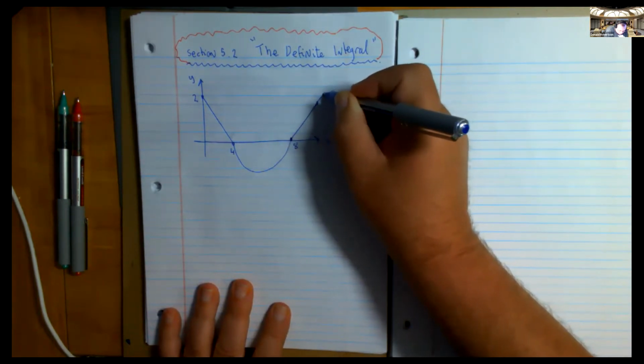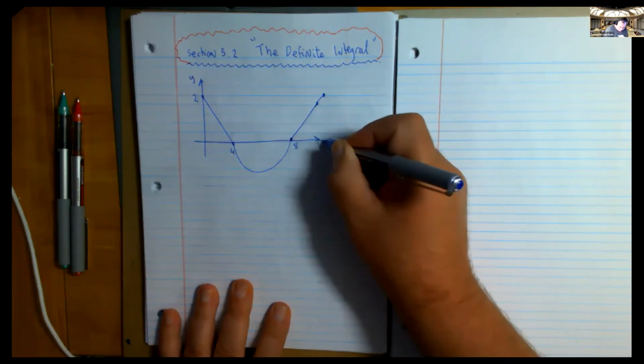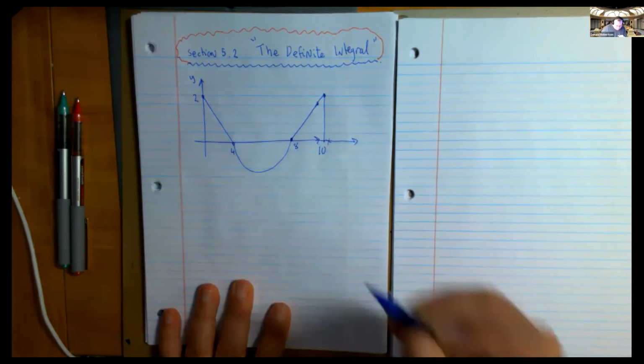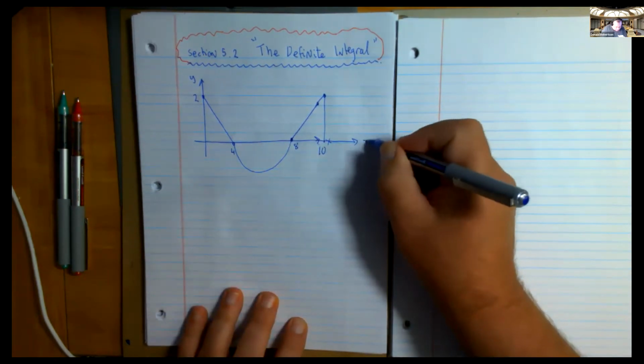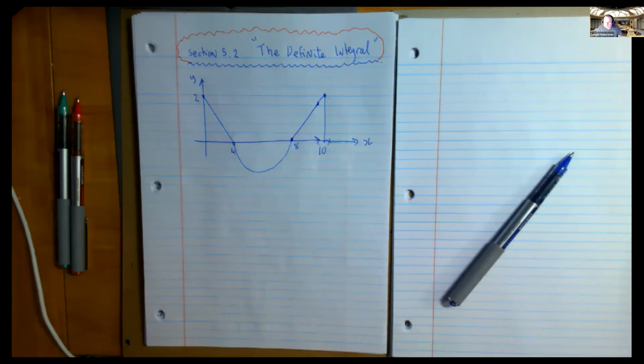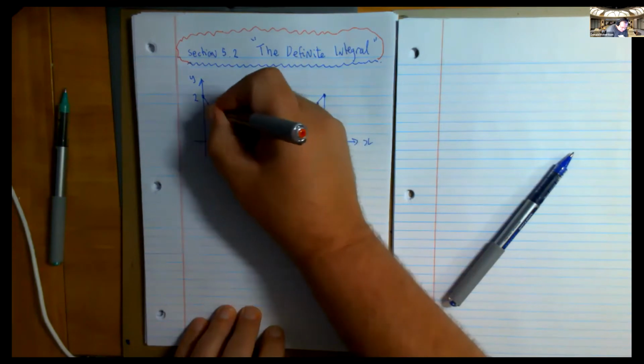Oops, we got to here. And I guess I should have drawn it a little bit longer. And this guy is 10. So don't pay any mind to the fact that this isn't really very much to scale, but the gist of what we need is here. So we are being asked to find the area under the curve.